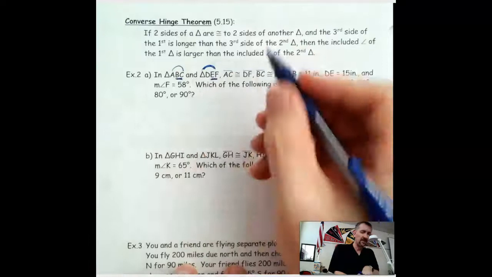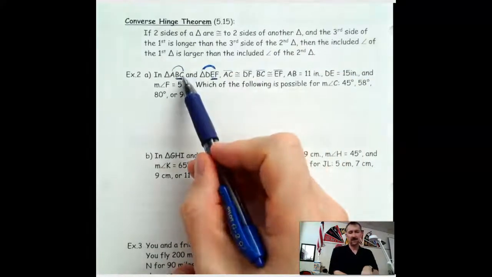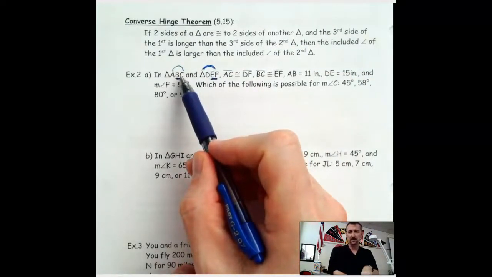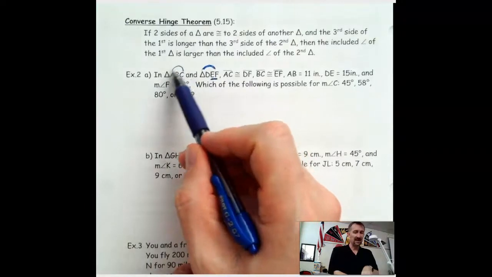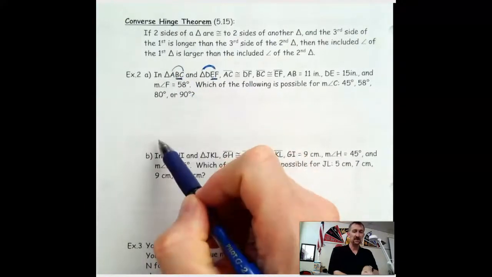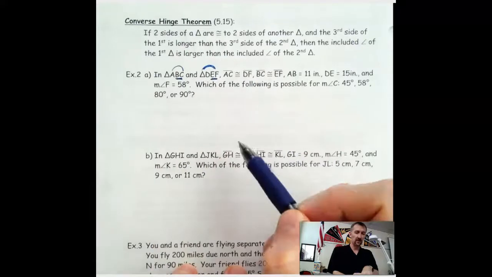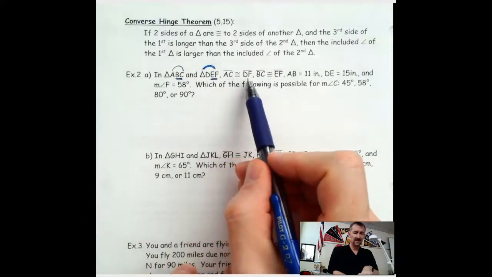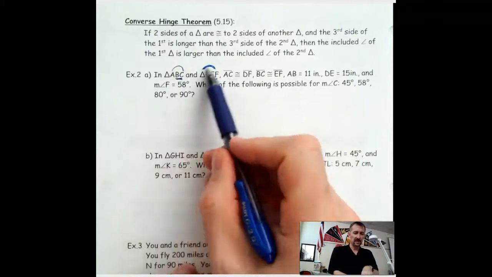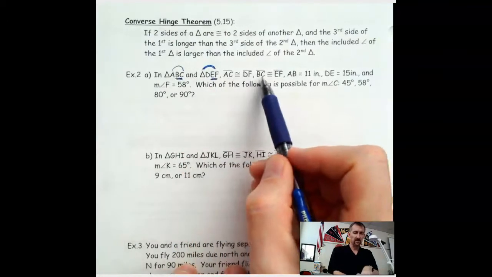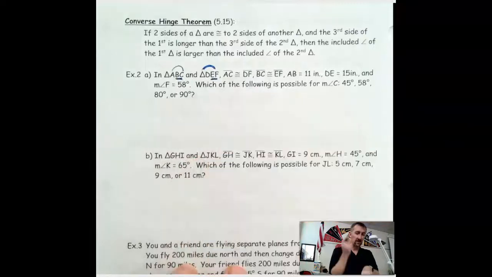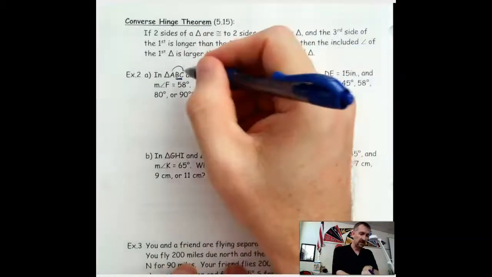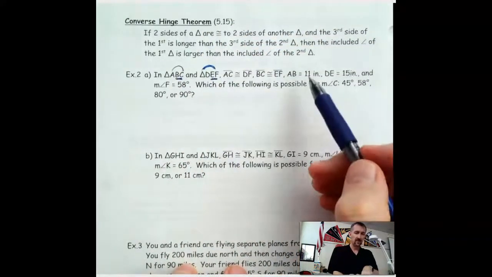Why am I doing that? Because those are the two segments on the sides of that angle. If I'm talking about angle C, then I'm talking about segment AC and segment BC. And similarly over here, AC is congruent to DF, and BC and EF match. So they're talking about angle C and angle F.